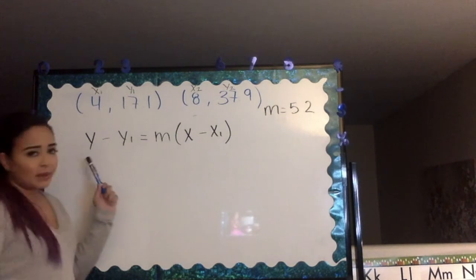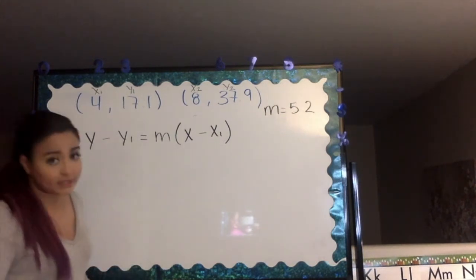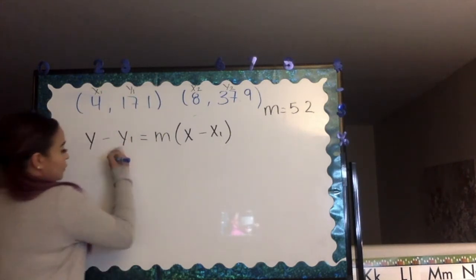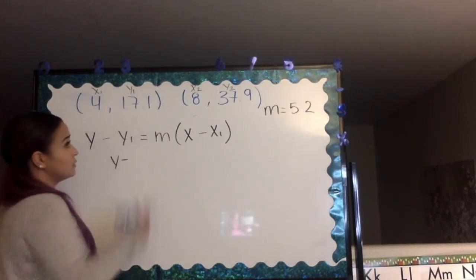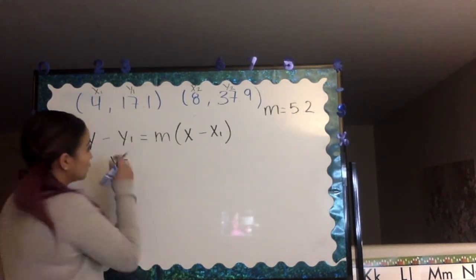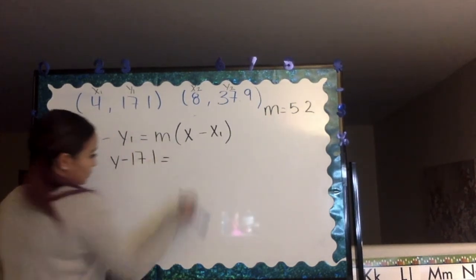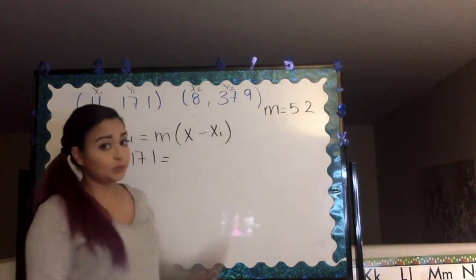For y, we're just leaving it as a variable because it's not asking for y1 or y2. It's just y. So we're going to leave the y, minus y1, which we do have a number for. So it's 17.1 is equal to m, which is 5.2, which is our slope.